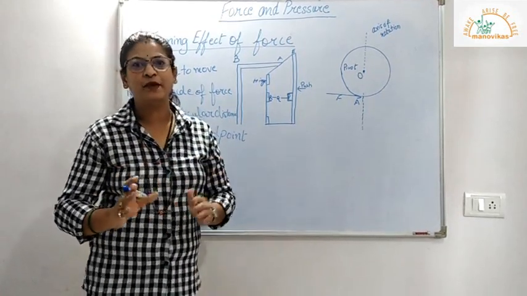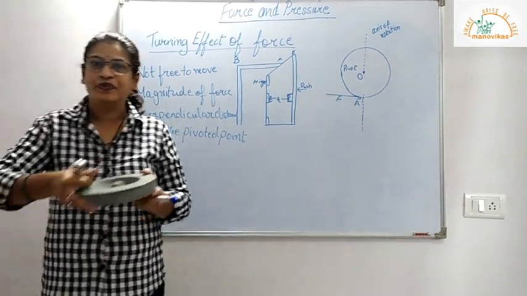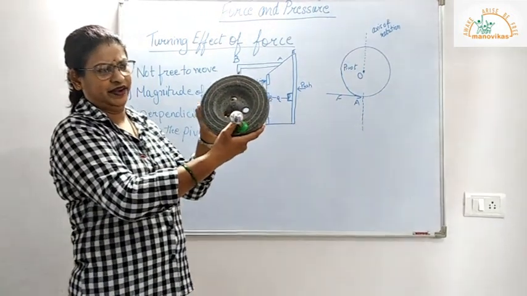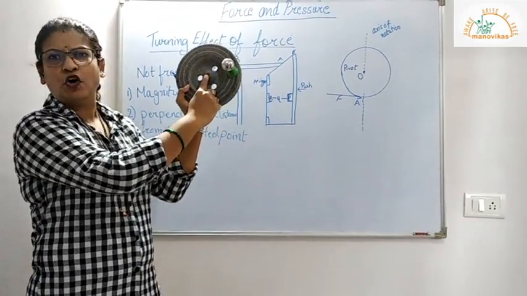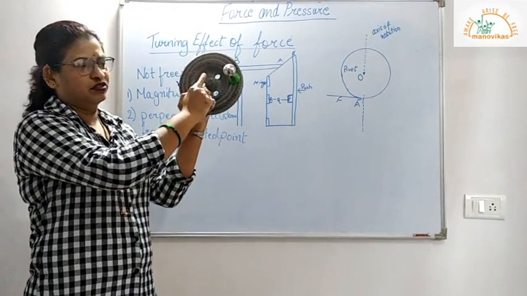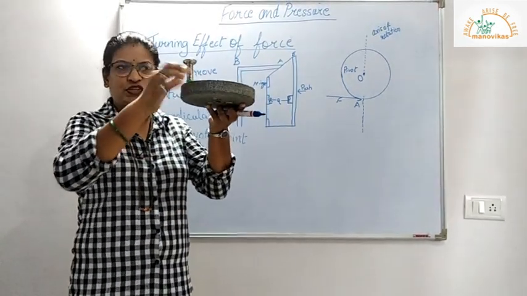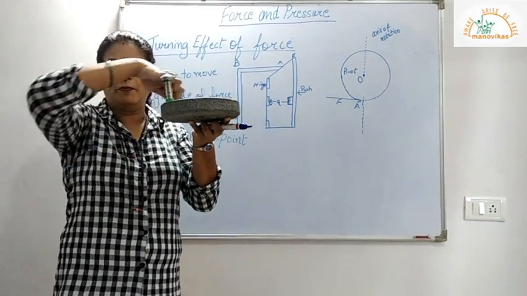Now one more example to understand this better, we take a hand grinder. If you look at this hand grinder, this point over here is my axis of rotation, the vertical axis of rotation or my pivoted point, and the handle which is fixed at the edge of the grinder on the upper wheel.